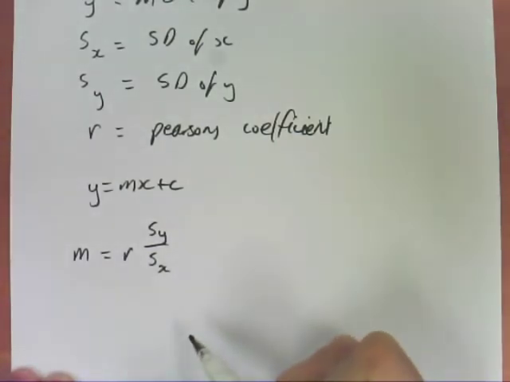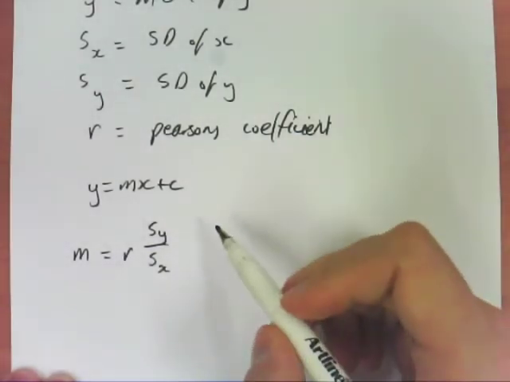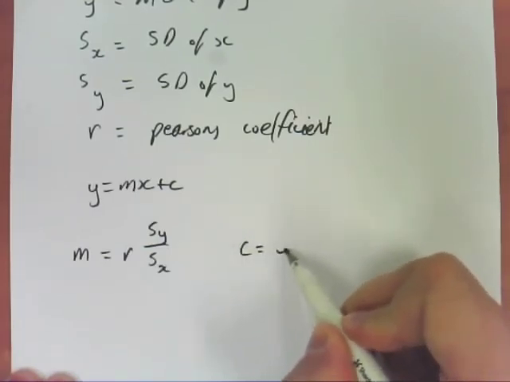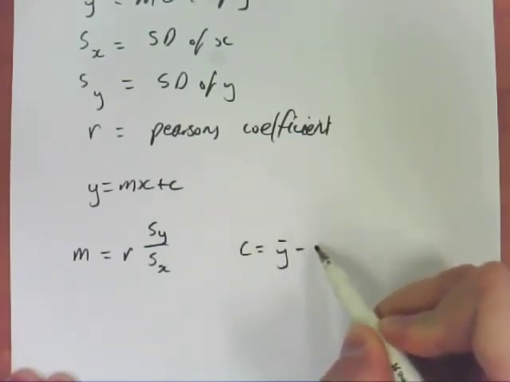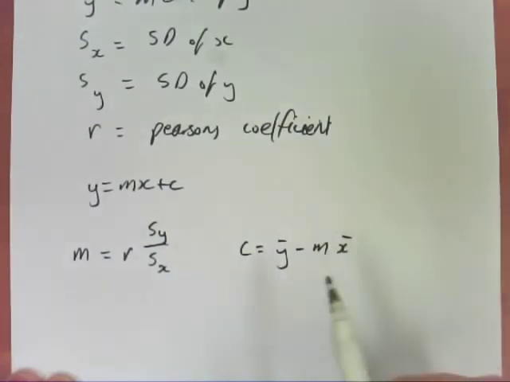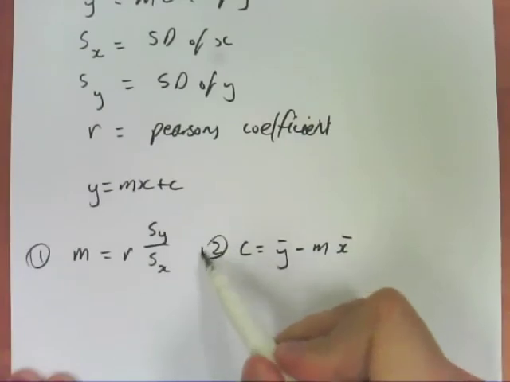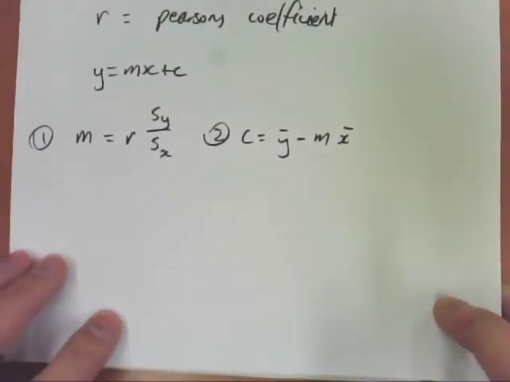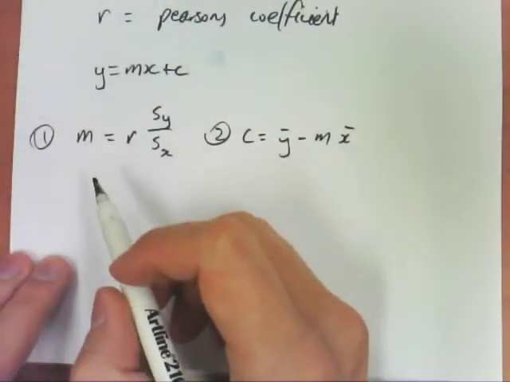So you can actually work out the gradient, and then you can find c by doing the mean of y minus m times the mean of x. So you need to find the m first, and then you can find c, and that will give you the equation.